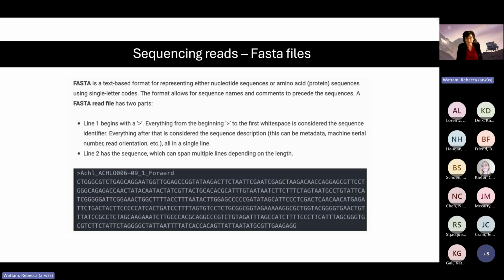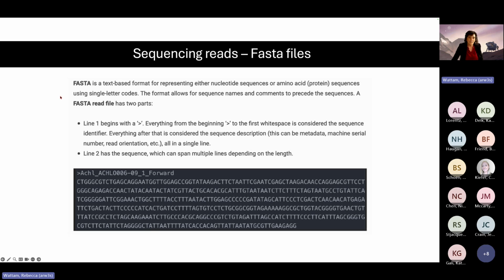So here's the other format, which is a lot easier to explain and talk about. These are sequencing reads that are FASTA files, and the FASTA text format is much easier. It always starts with that little greater-than sign on the first line, followed by whatever identifier you want.